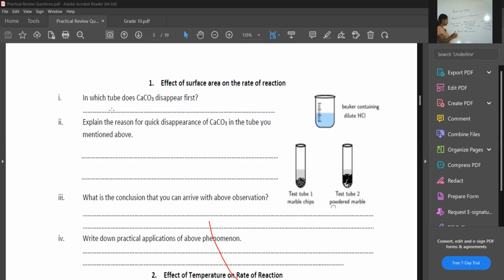And the other one is we keep the amount of reactants constant, right? 1 milligram of zinc and, say, 2 milliliters of HCl acid. We put 1 milligram of zinc and 2 milliliters of HCl together.